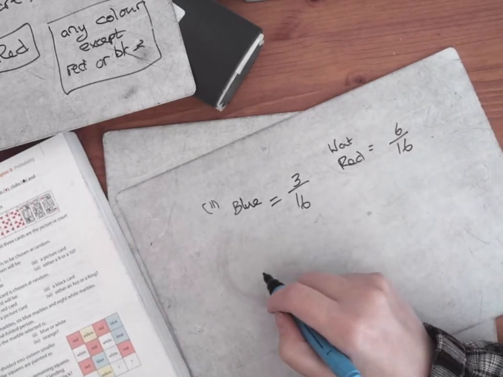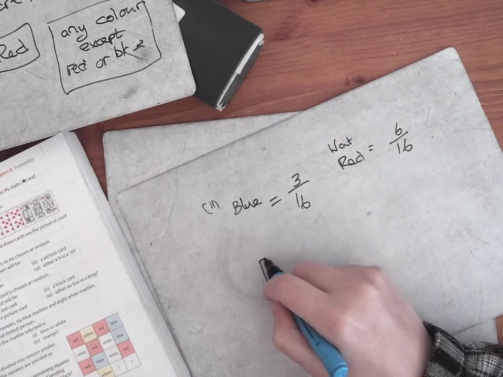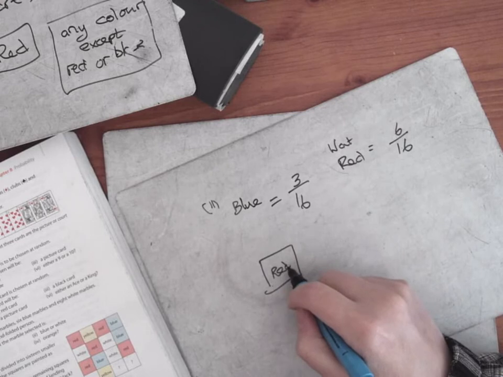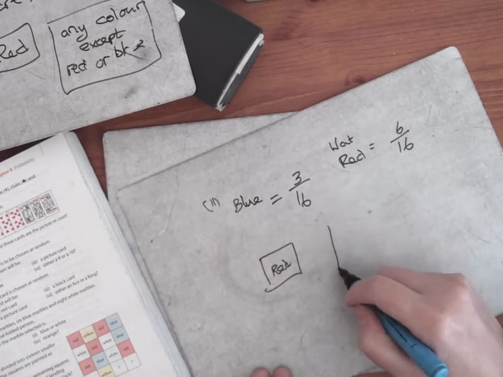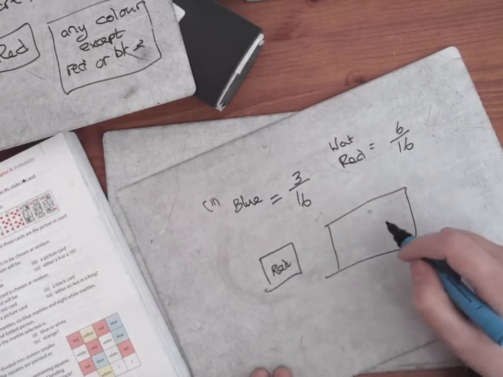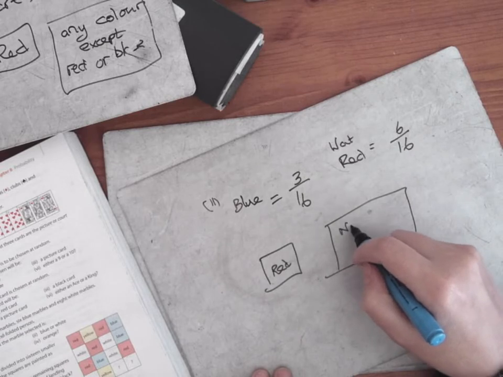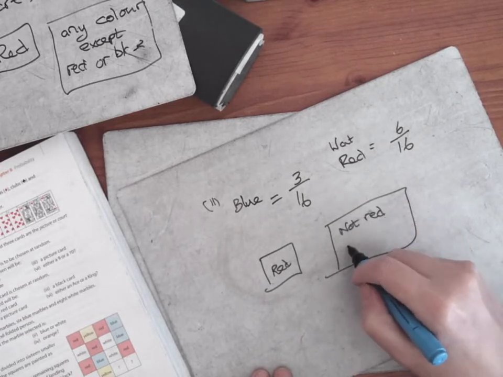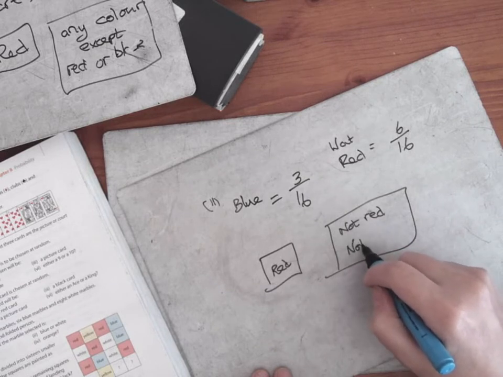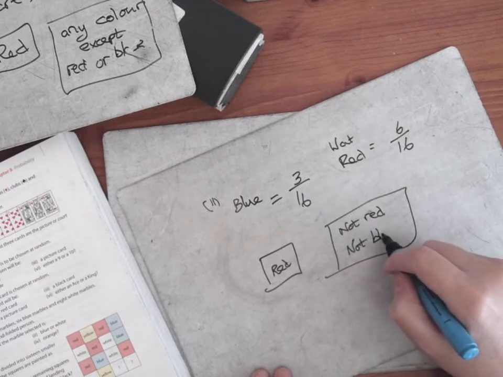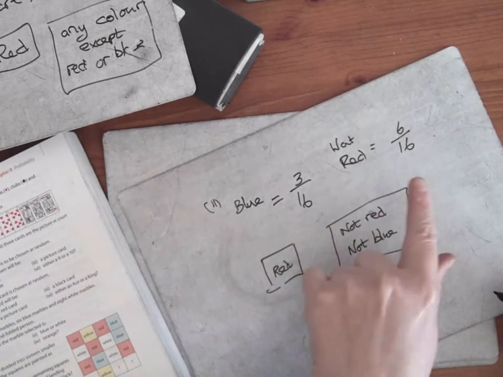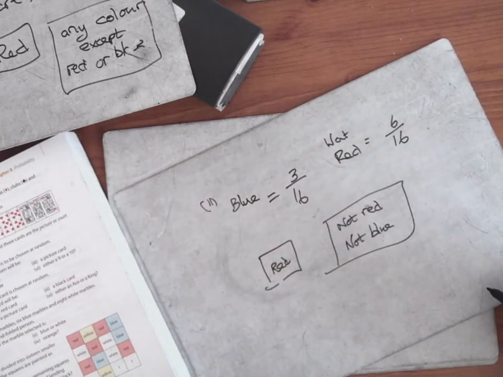So you already have 5 reds. So you must paint a second one red. Okay, and the last one, it can't be red, and it can't be blue, because if you painted it blue, this will become 4 out of 16, and this has to be 8 out of 16 then.